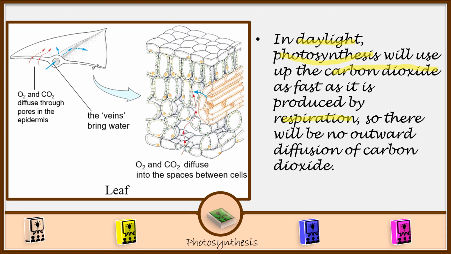So there will be no outward diffusion of carbon dioxide during the daytime, because the carbon dioxide produced in the cell by respiration is used during photosynthesis, which means the plant will again need carbon dioxide to diffuse in.